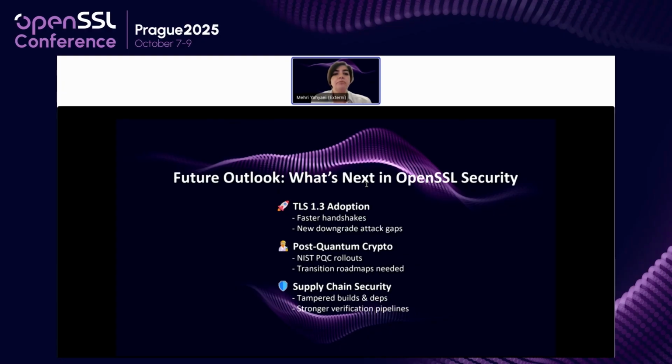The second one is the concept of post-quantum cryptography. It means that quantum computing will eventually break today's public key algorithms. So we must start preparing our transition plans, and we should follow this instruction.